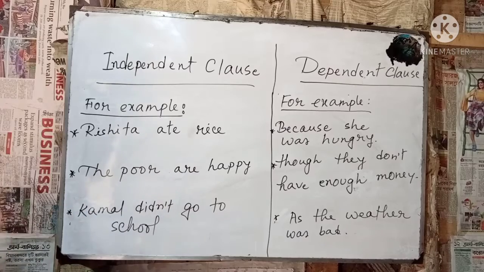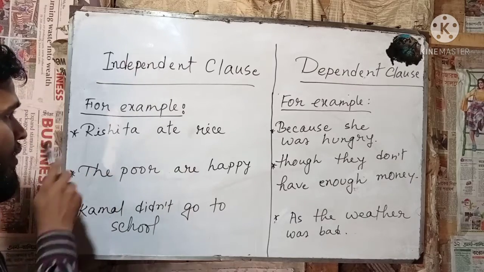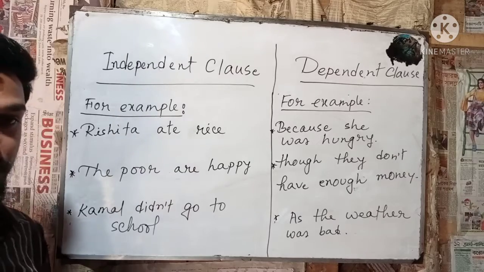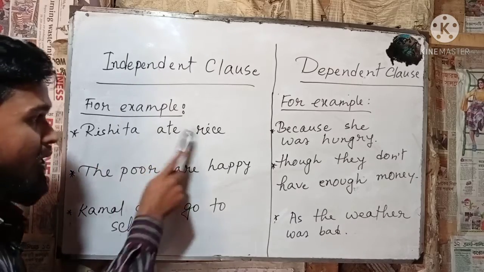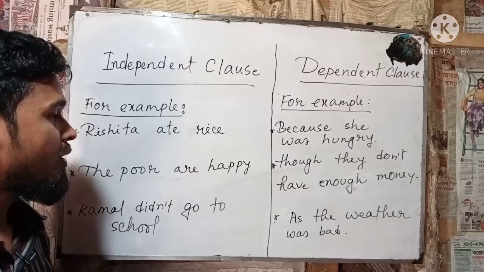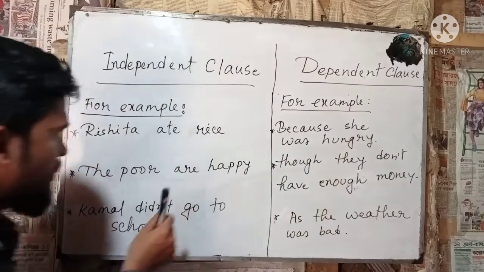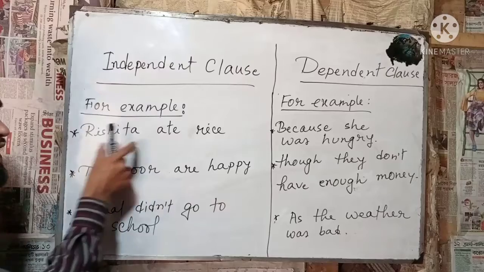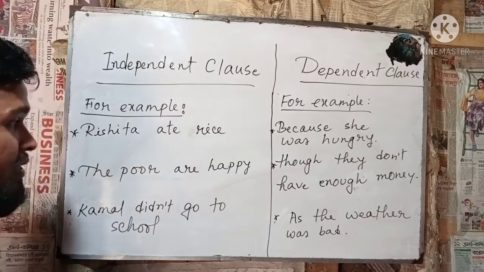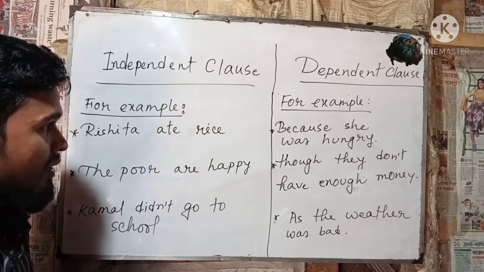So look at the three examples of dependent and independent clauses. The first example is Rishita ate rice, because she was hungry. Rishita ate rice conveys a complete thought.